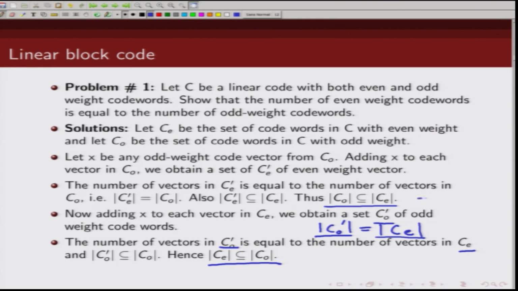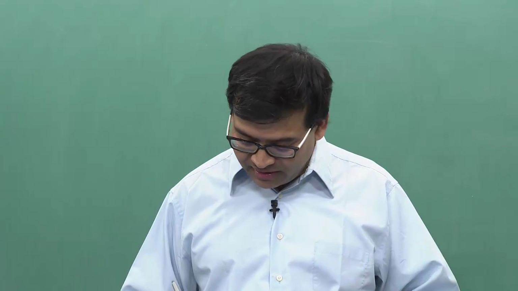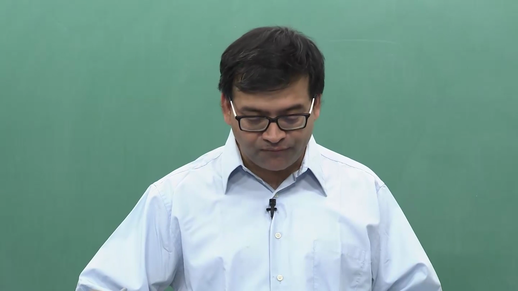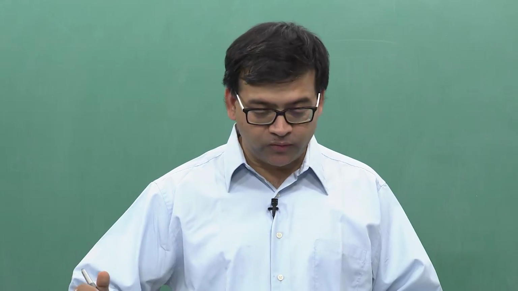So this relation let us call it 1 and this one 2. These two relations are satisfied only if the number of even code words is the same as the number of odd code words. Hence, we prove that in a linear code with both even and odd code words, the number of even weight code words is the same as the number of odd weight code words.